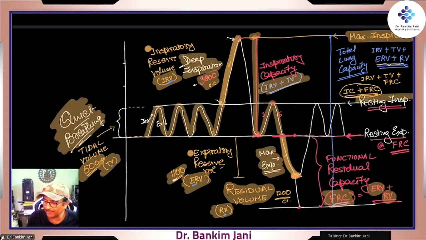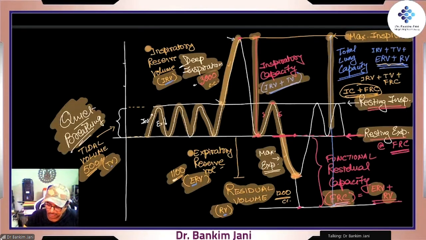This is quite obvious: respiratory resting inspiration and the respiratory expiration, right? So when the tidal volume normal is going on, and that's the maximum expiration, and this one was the maximum inspiration. The total of all the way from top to bottom, right?